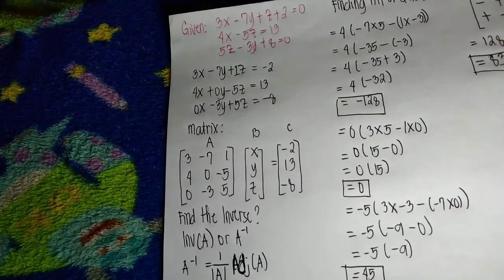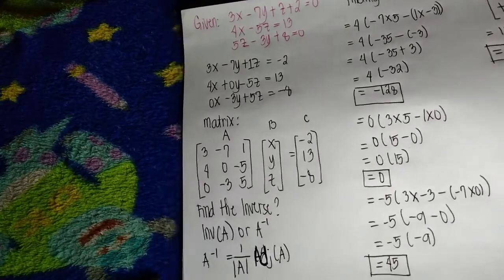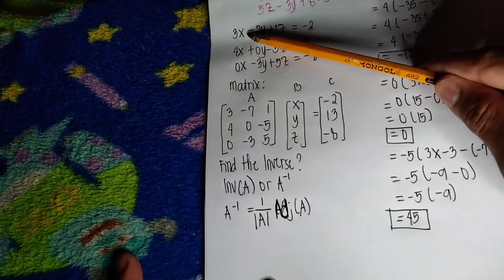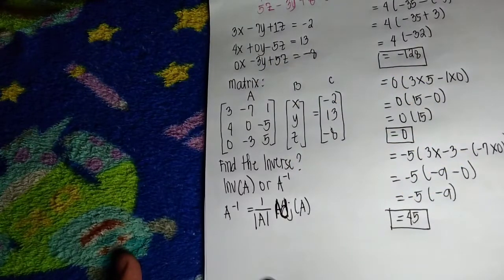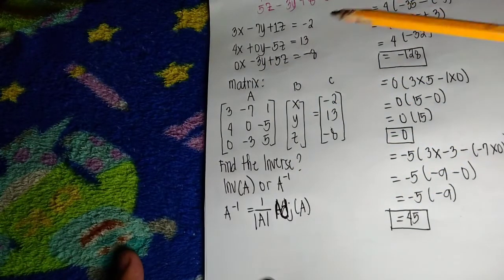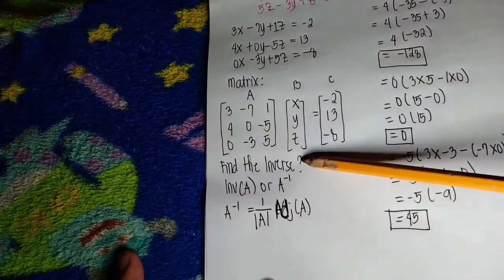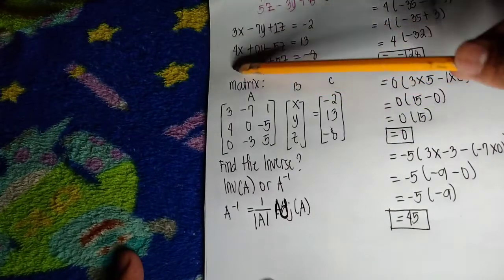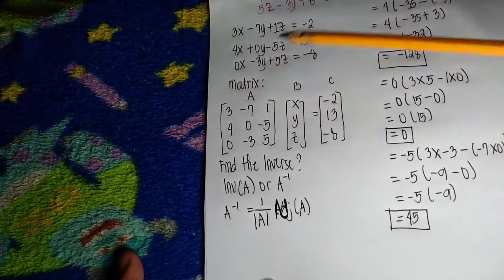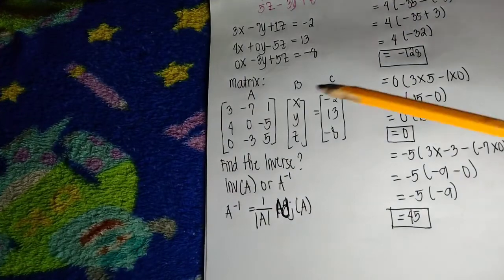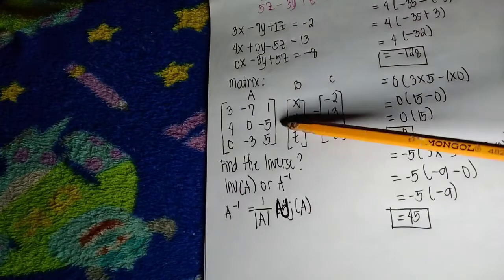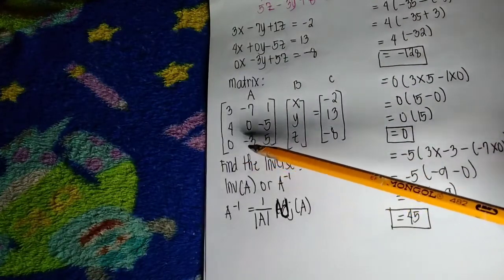So we will write that into the matrix after we arrange like terms. In our matrix, we arrange that in 3 sections, yung xyz, tapos yung numbers lang, and the values of xyz we will put in the A. So positive 3, negative 7, 1, 4, 0, negative 5, 0, negative 3, and 5.